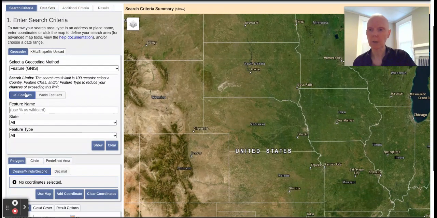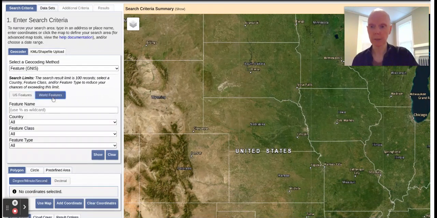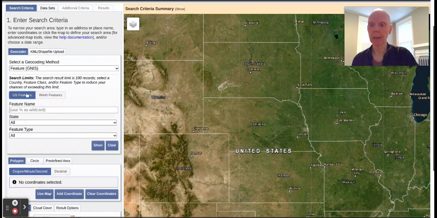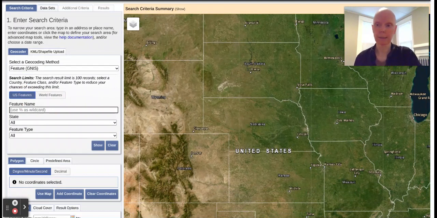And then I go to US, because usually the places I'm looking for are in the US. But if you want to find a world feature, you just click on this world tab. And then you type in whichever one you're using. You just type in the name of, in our case, it'll be a city.